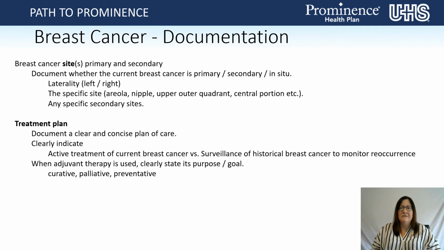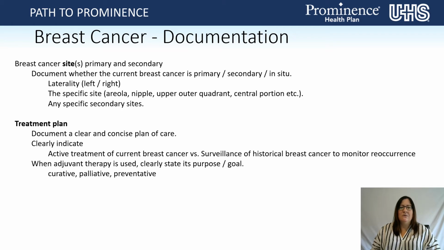Some clinical documentation specifics for breast cancer would be to include the breast cancer sites, primary and/or secondary. Document whether the current breast cancer is primary, secondary, or in situ, the laterality, left or right, the specific site, the areola, the nipple, the outer quadrant, the central portion, etc., and any specific secondary sites.